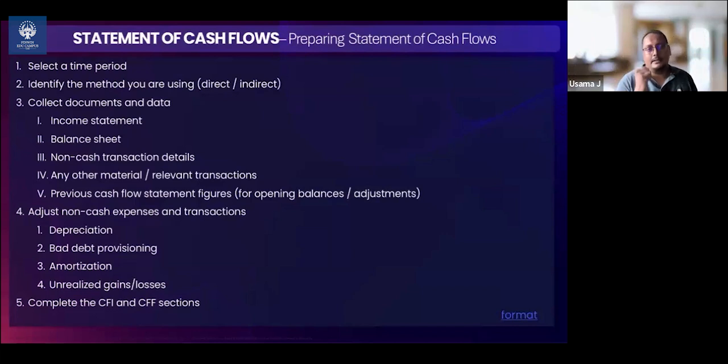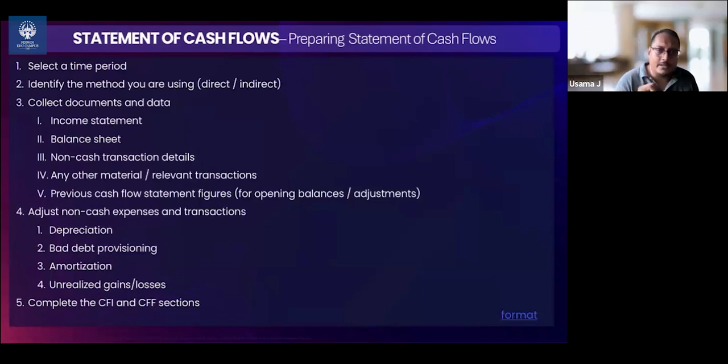And then we collect the documents or data. What is the information that we require? Income statement, balance sheet, non-cash transactions, material other transactions, previous cash flow statement figures for opening balances. All this source information we are going to want.